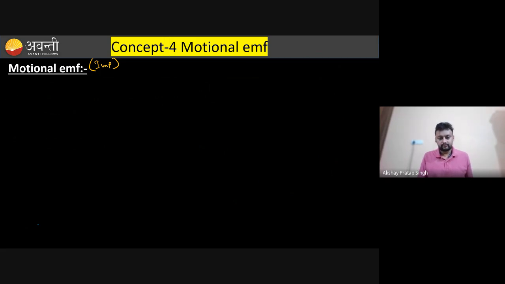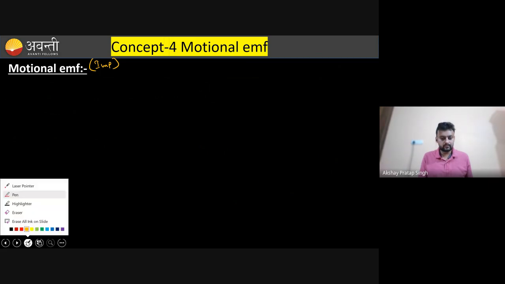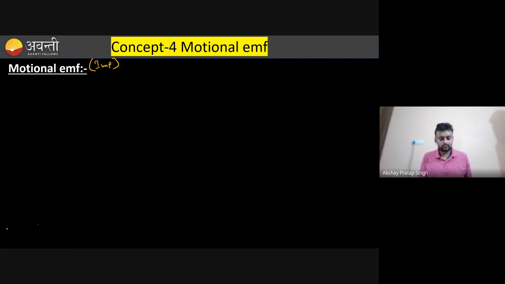Let's suppose there is a rod, a conducting rod, obviously, I'm talking about. Let's suppose the length of the rod is L. Clear?